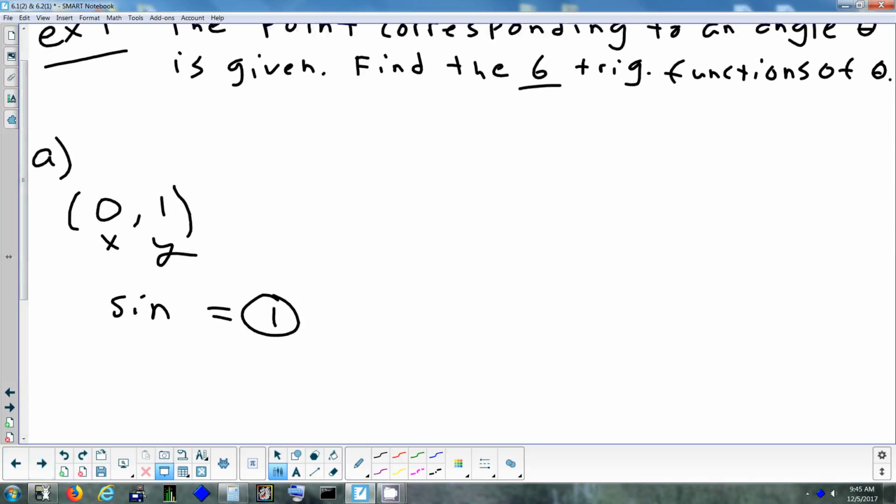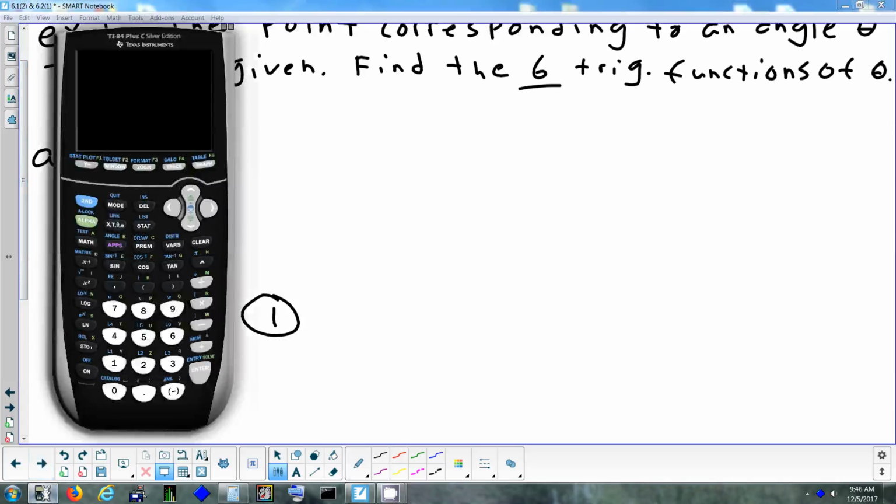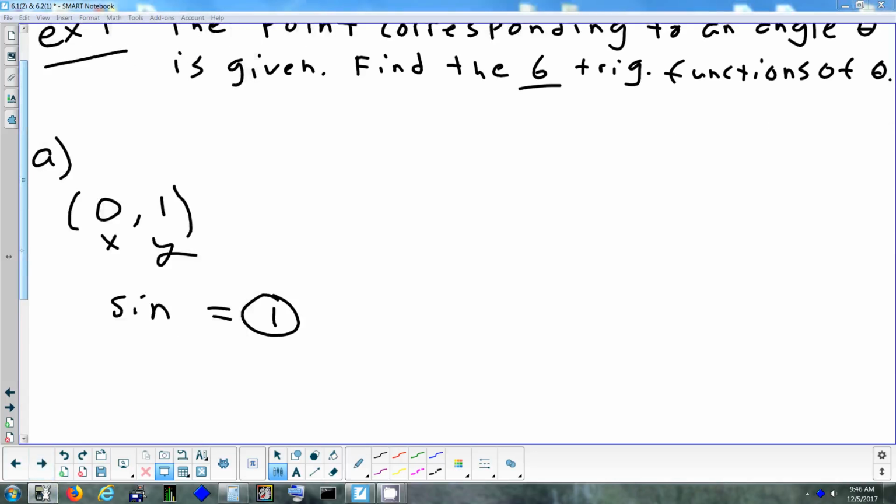So whatever angle this represents, that's the sine of the angle. What does that angle represent? What coordinate is that? Yep, 90 degrees. That's the coordinate for 90 degrees. So on your calculator, if you typed in sine of 90, you would get that as an answer.